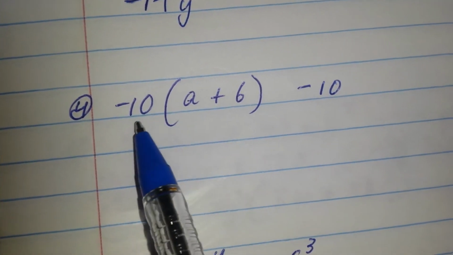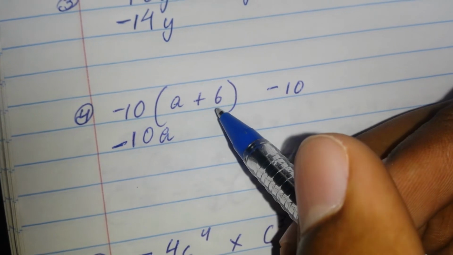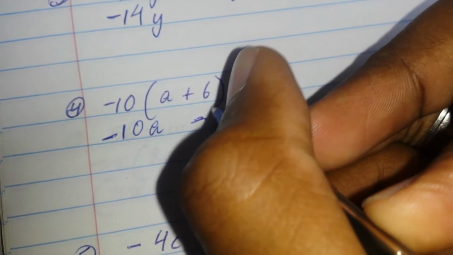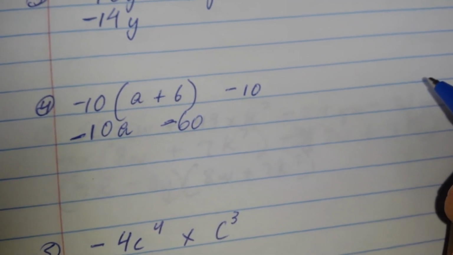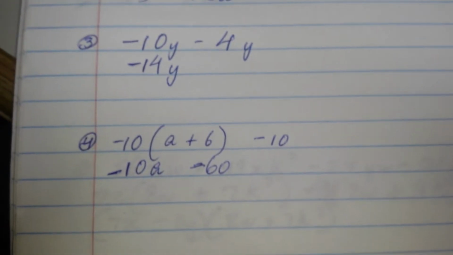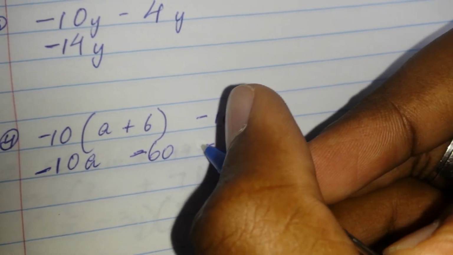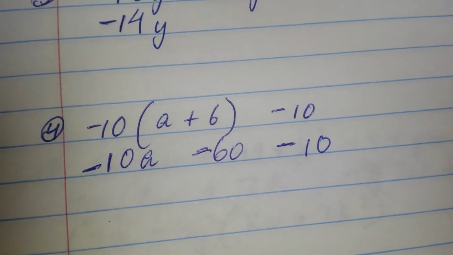Okay, so minus 10 by a would give us minus 10a, and minus 10 by 6 would give us minus 60. You all with me? You all could watch it back, pause the video, rewind. Right, and then we have just a minus 10 outside here, and now we can simplify. What do we have here?